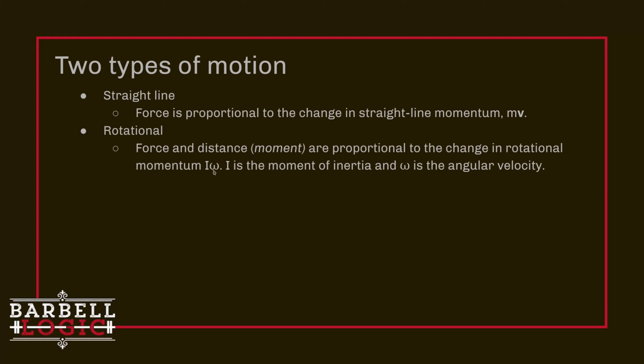The moment of inertia, I, is a measure of how much mass there is and how far it is away from the center of rotation. So if you have a lot of weight far from the center of mass, if I spin you, you're going to have a big moment of inertia. It's going to be harder to spin you.